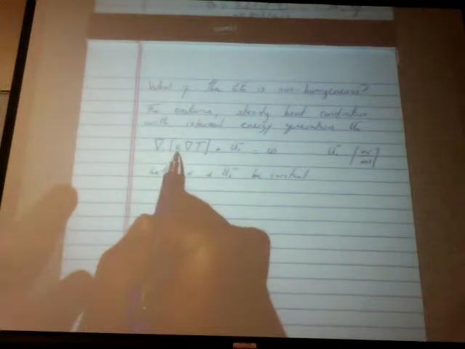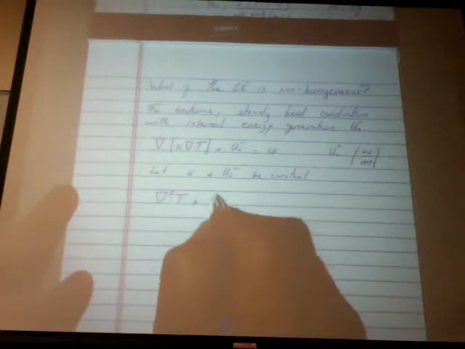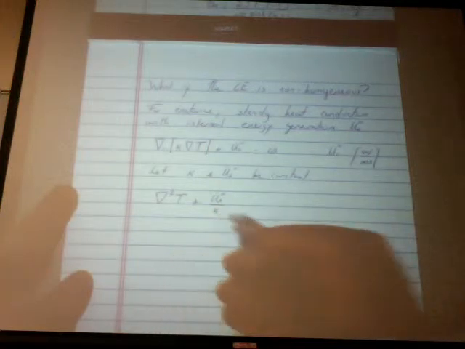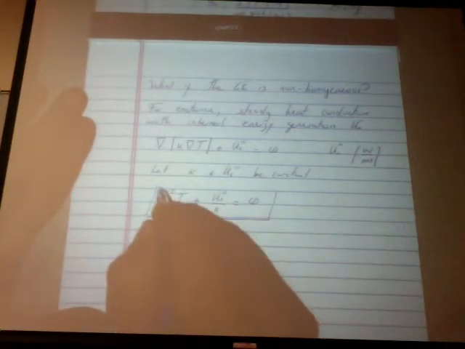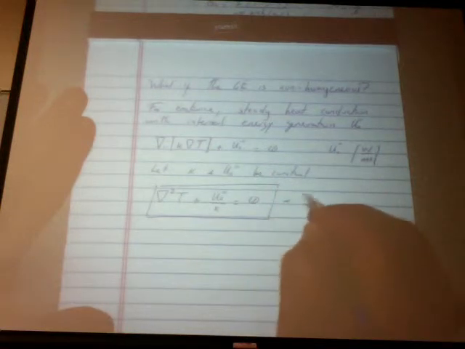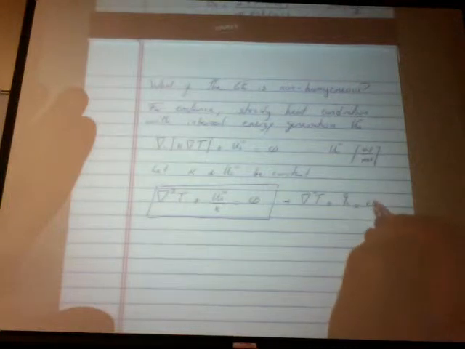Then if K is a constant, we can take it out and divide everything by K. So we end up with the Laplacian of T plus UG triple prime over K is equal to 0, or sometimes expressed as U0 is equal to 0.